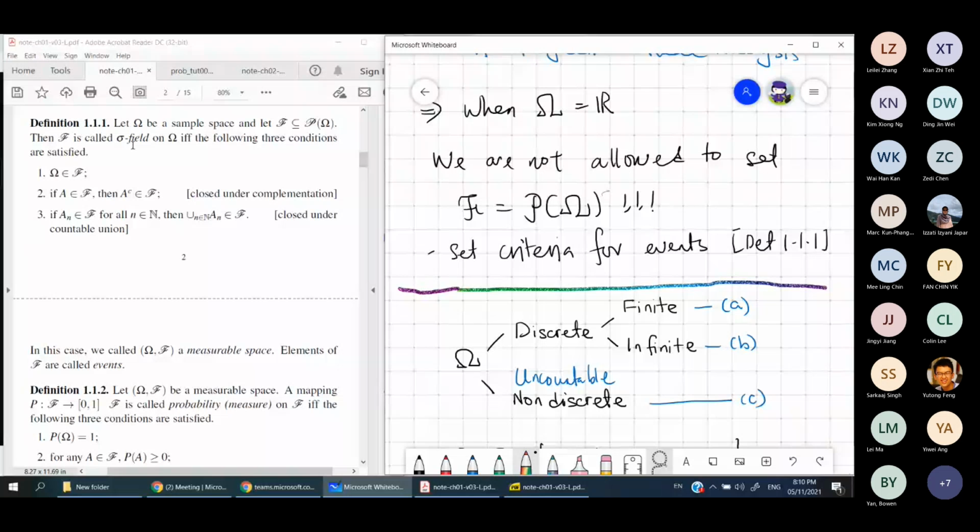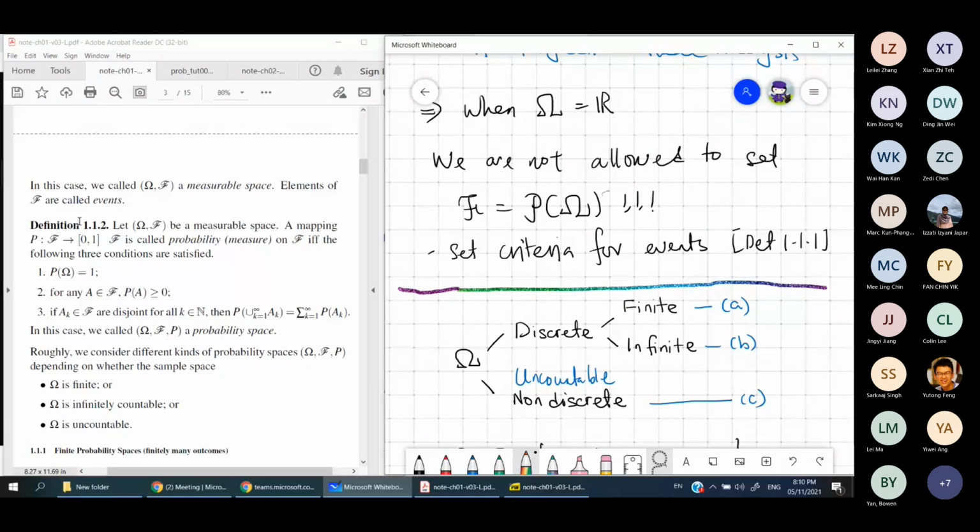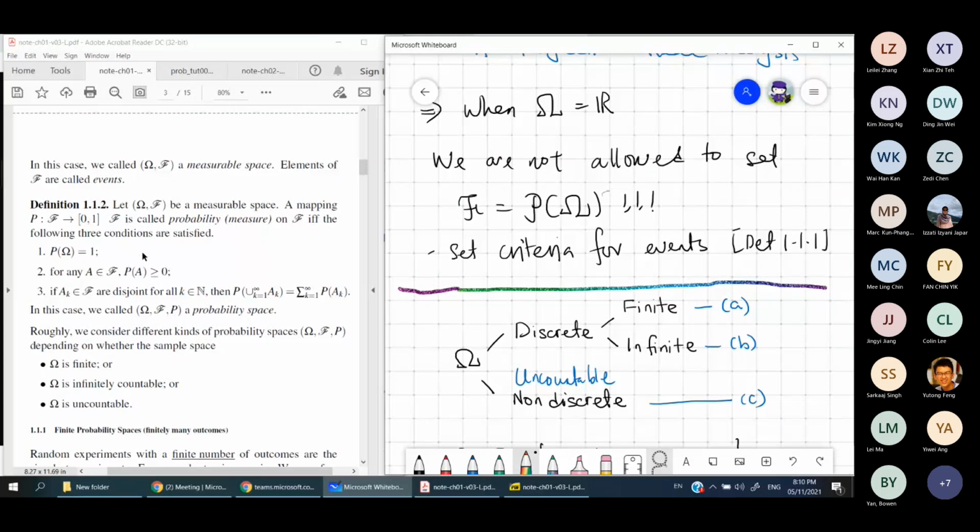Why do we want to choose a sigma field which fulfills this criteria? It is actually based on the behavior of a probability. We have already discussed why we want to set these 3 to be a criteria for probability, based on our observations. A probability should have these 3 properties. P of omega is 1.